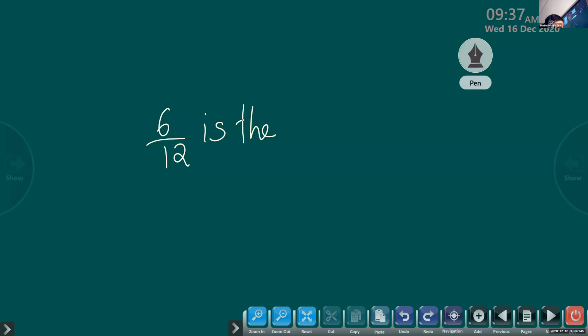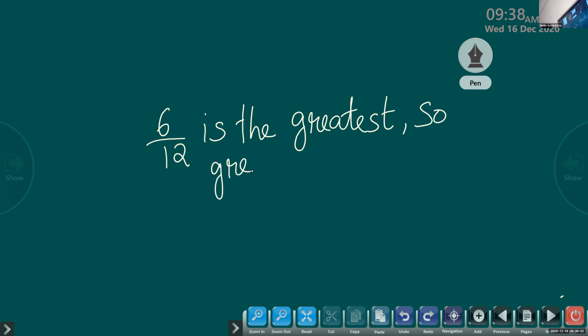Same like question number 19, we write: 6 by 12 is the greatest. So green color is used the most.